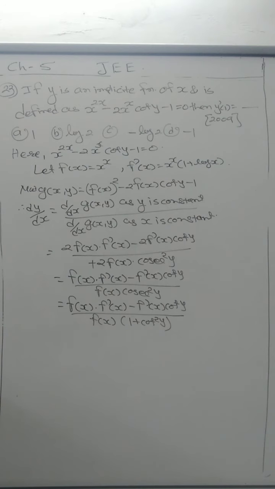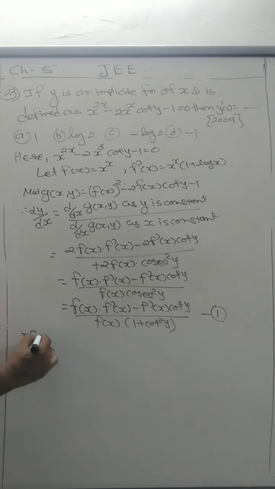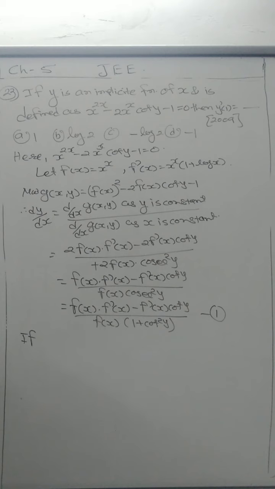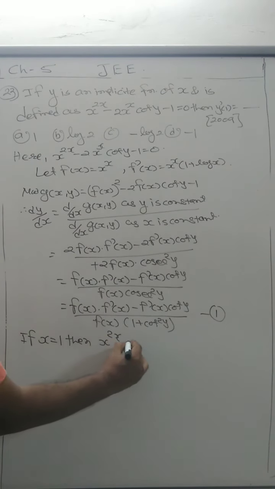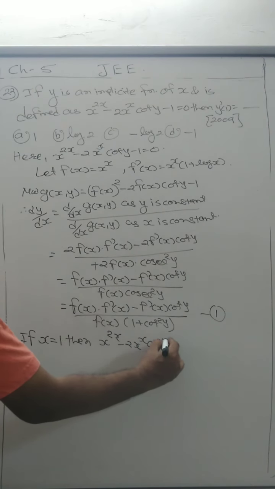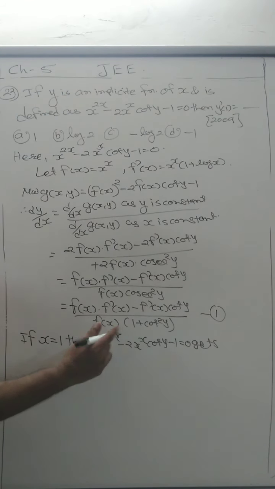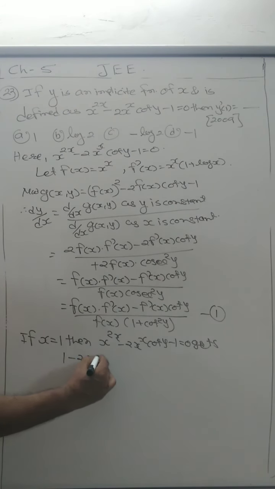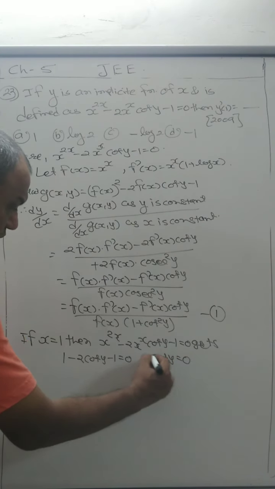So for this y dash 1, first of all, this is our first result. If x equal to 1, then this equation x raised to 2x minus 2x raised to x cot y minus 1 equal to 0 gives 1 minus 2 cot y minus 1 equal to 0, which means cot y is equal to 0.